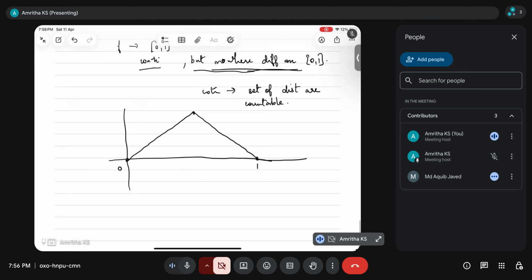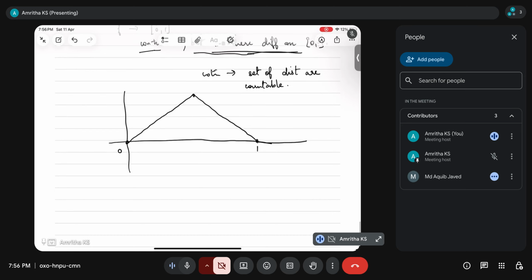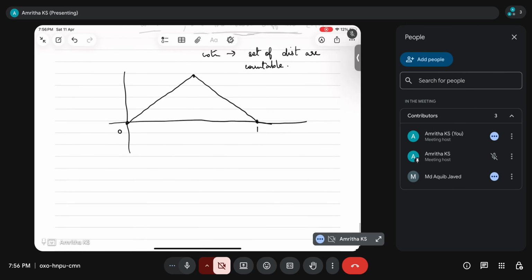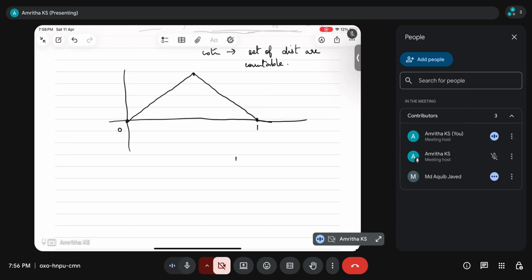So this function can be represented as a limit of some continuous functions, a uniform limit of continuous functions.